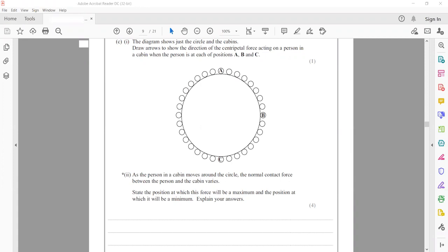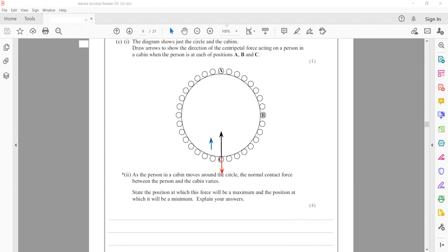Basically what happens, because the weight is acting down, and we want the resultant towards the center, the resultant force should be towards the center. So it means the upward force at point C should be higher than the downward force, so that the resultant created by these two forces is directed towards the center.